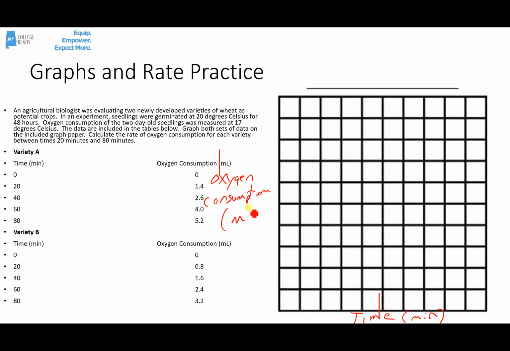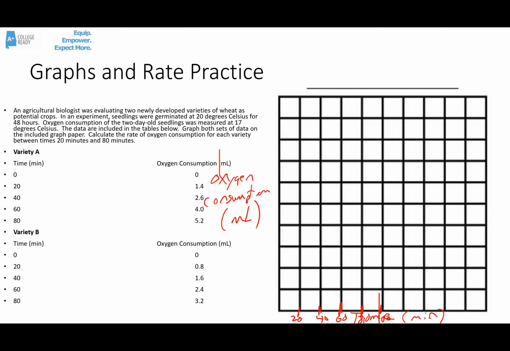And that's in milliliters. First of all, we need to decide how much each line on our graph means. Our times are 0, 20, 40, 60. So it would make sense for each one of these marks to be 20. So 20, 40, 60, 80, 100, and so on. And then our oxygen consumption looks like it goes up to 5.